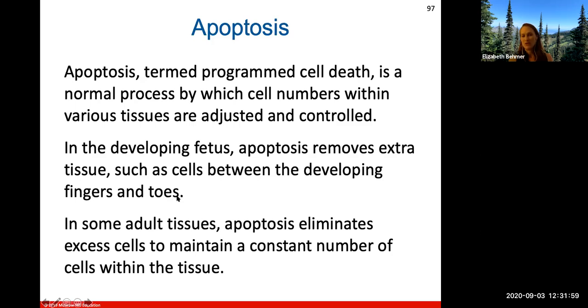People born with webbed toes have extra tissue between their toes because apoptosis wasn't occurring to remove it during development. In some adult tissues, apoptosis eliminates excess cells to maintain a constant number of cells within the tissue. This idea of homeostasis and regulating things, apoptosis helps to keep that cell number consistent.